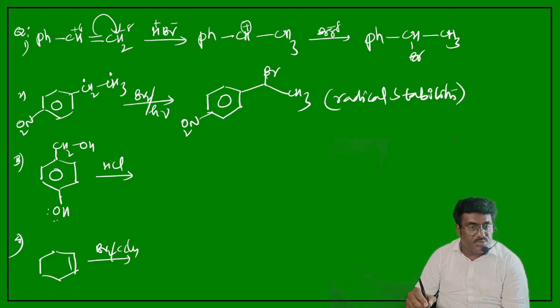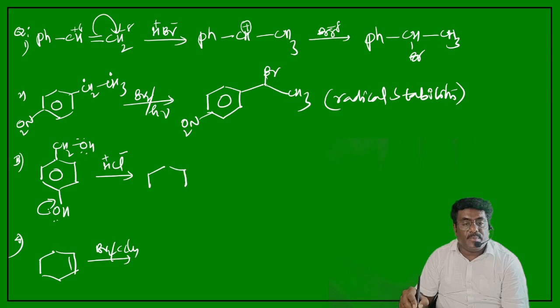Next question: benzene with CH2OH. Which is possible? As I explained previously, resonance is possible with OH, but here no resonance is possible. So this OH is easily protonated by H plus, forming the OH2 plus form.